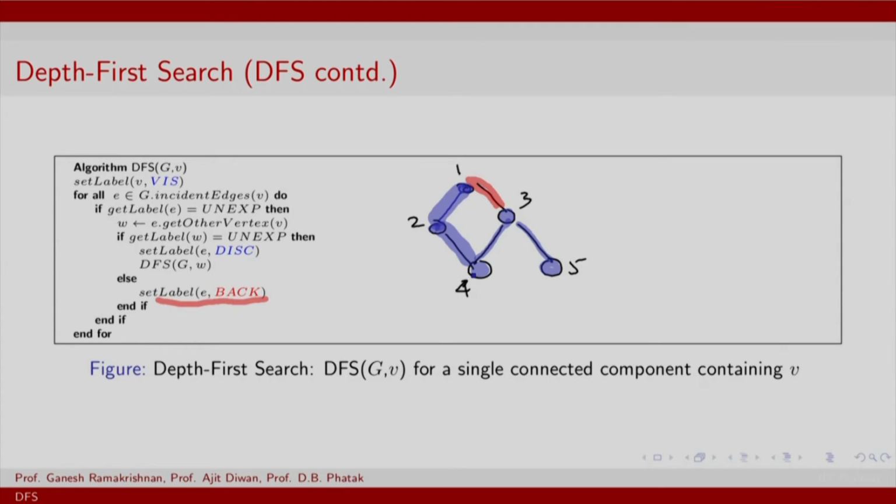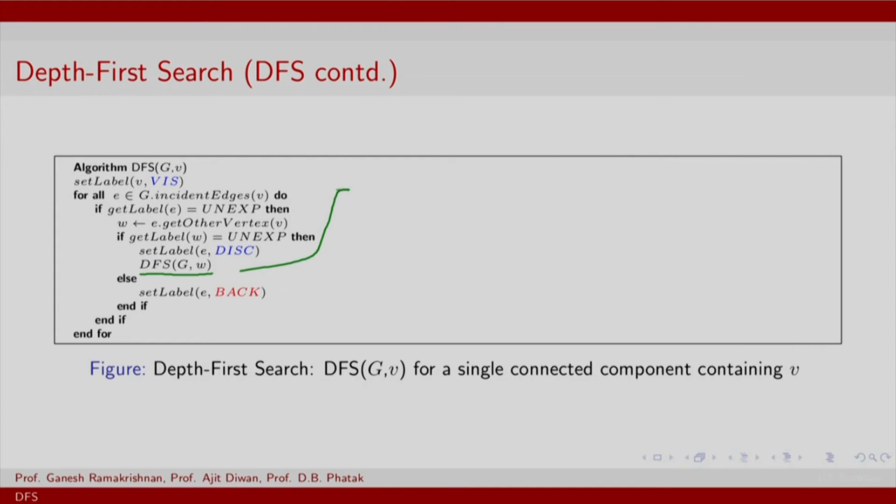Now this is a very simple version of DFS which makes use of a recursive call. So we are going to make this DFS procedure somewhat smarter. The first thing we will do towards that is eliminate the recursive call.